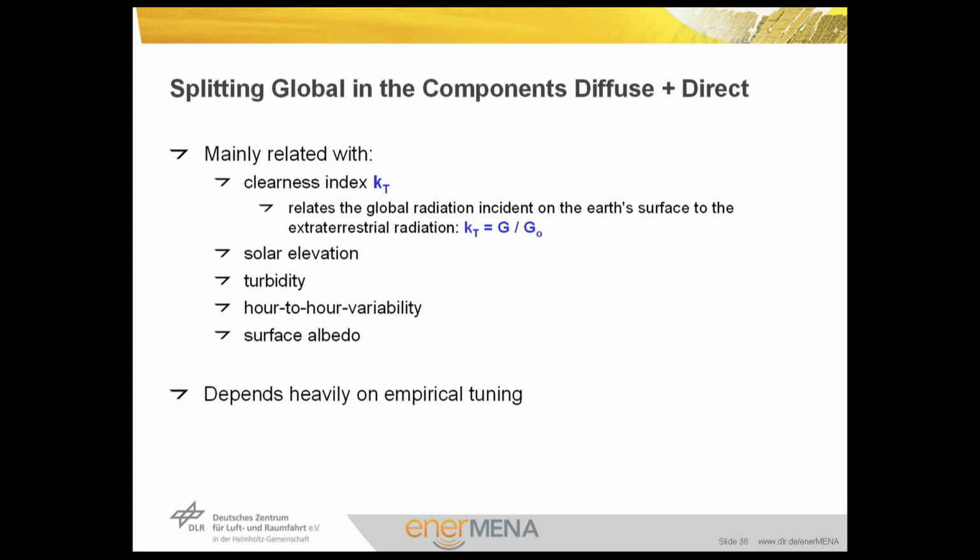This clearness index relates the global radiation incident on the Earth's surface to the extraterrestrial radiation. The input for the splitting is also the solar elevation, the turbidity, the hour-to-hour variability, and the surface albedo. The splitting process depends heavily on empirical tuning and is therefore not very accurate.